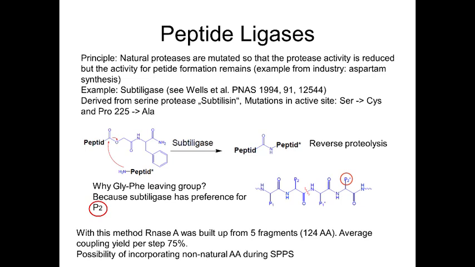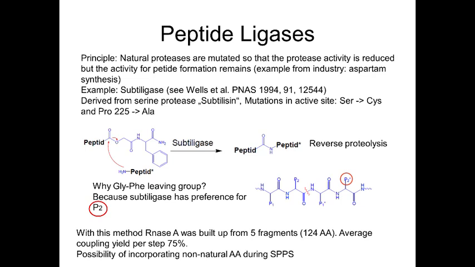In this case, RNase A was built up from 5 fragments. Altogether, the protein contains 124 amino acids, and on average, the coupling yield per step is around 75%, which is a quite remarkable value.